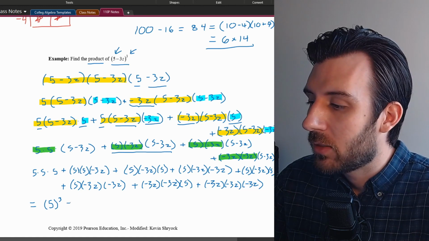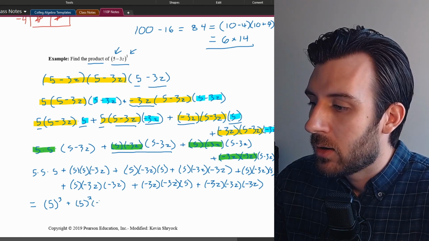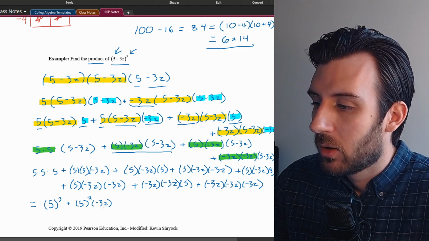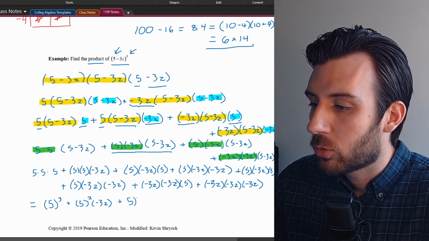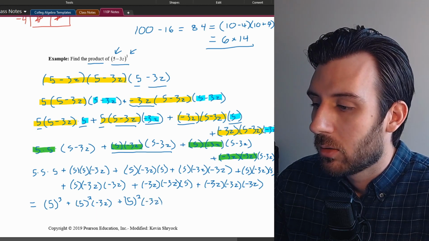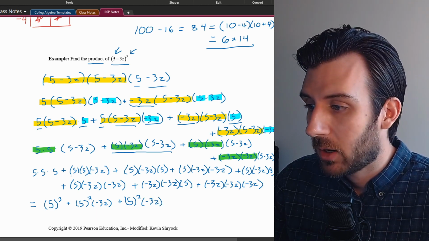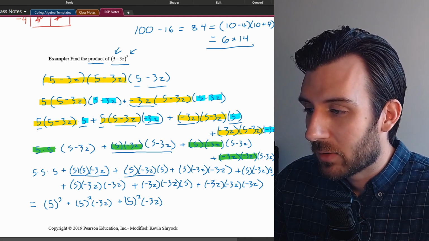On the next one, I'm going to write this as 5 squared times negative 3z. Oh, so actually I have 2 of them. Let me combine that. I have 5 times 5 times negative 3z and 5 times 5 times negative 3z.